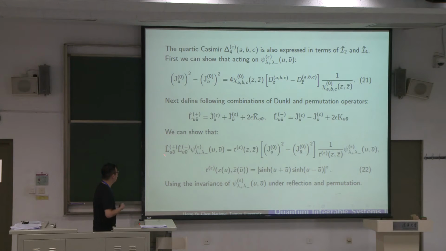Then you can show that their action on the eigenfunction is given by the following: if you sandwich those things in this function T epsilon, which is basically a difference of those similarity transformations between general dimension and 2 dimensions, so this guy. Now we have used the invariance of this function under the reflection permutation.